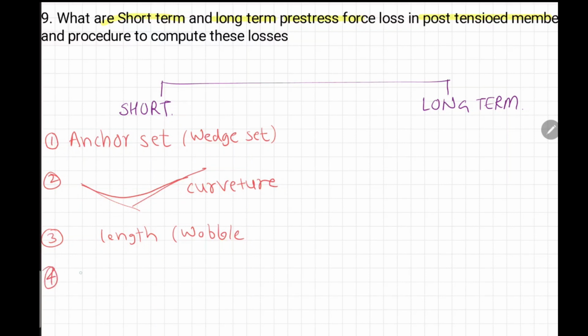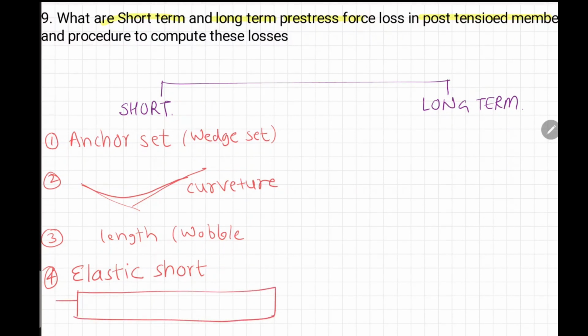And the last short term loss is elastic shortening. The member under pre-stress gets compressed, so we have loss due to elastic shortening.